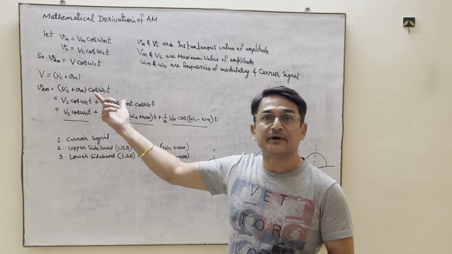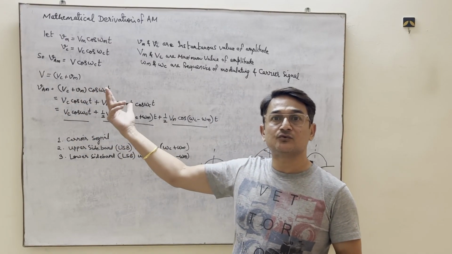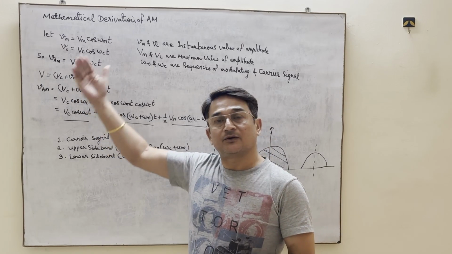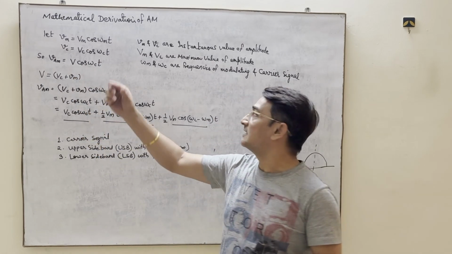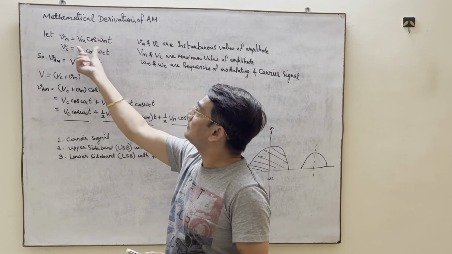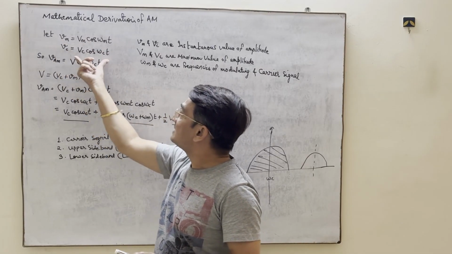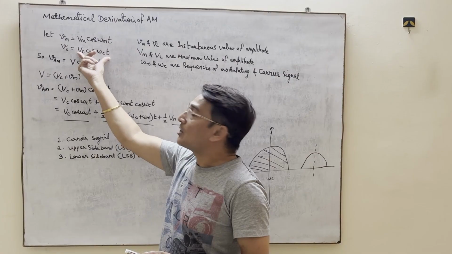So in an amplitude modulated signal, we have 2 signals as per the diagrams we have seen. First you have a modulating signal. So let us say small vm is equal to capital Vm cos omega mt, and small vc is equal to capital Vc cos omega ct.